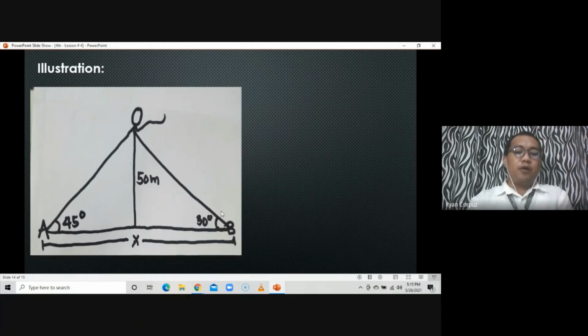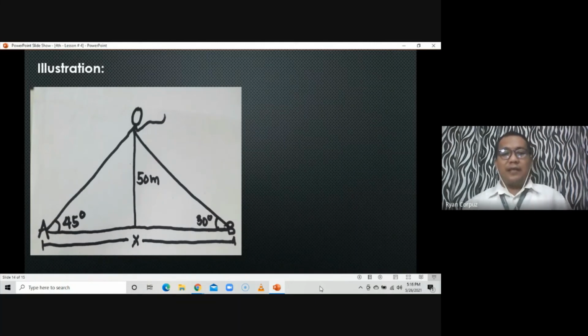Then observer B, who is farther from observer A, looking at the balloon, forms an angle of elevation of 30 degrees. What we are asking is the maximum distance from observer A to observer B, so we mark that as x because that is what we are looking for in the problem.